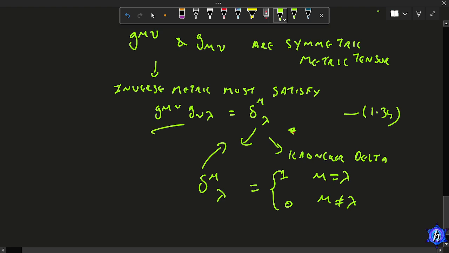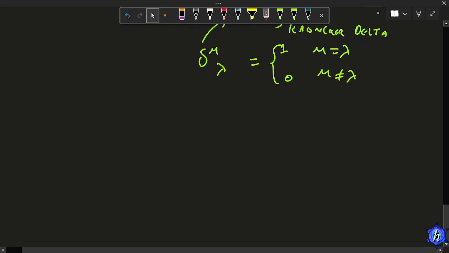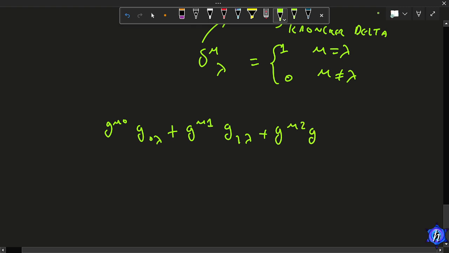We can write the component form of it explicitly to see what this means: g mu 0 g0 lambda plus g mu 1 g1 lambda plus g mu 2 g2 lambda plus g mu 3 g3 lambda.